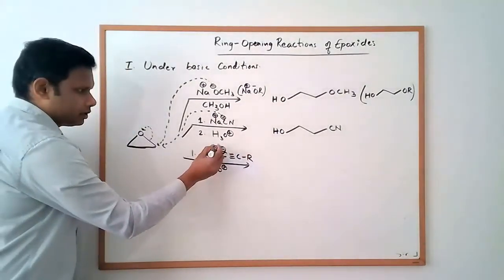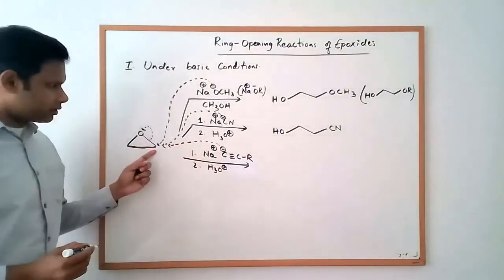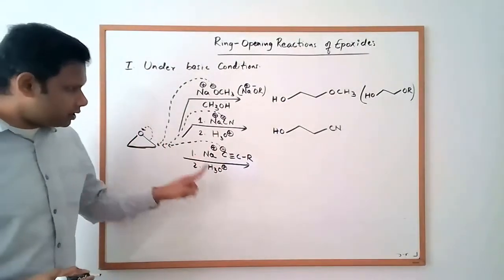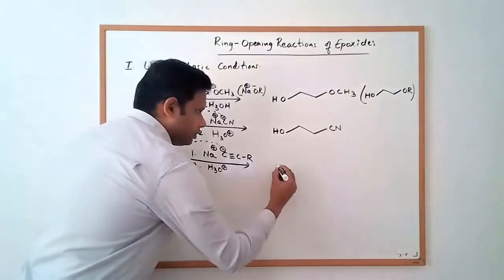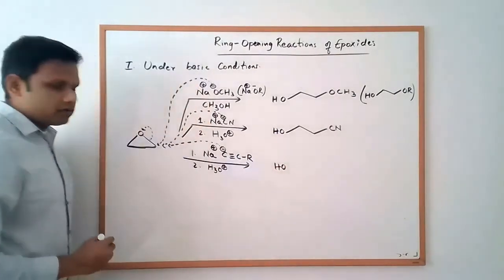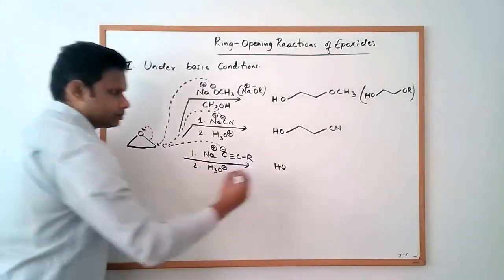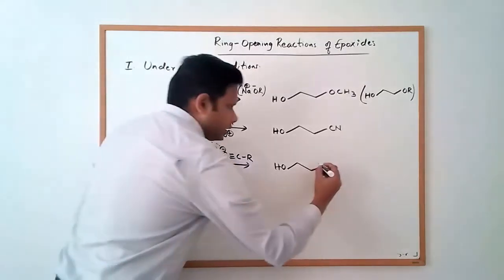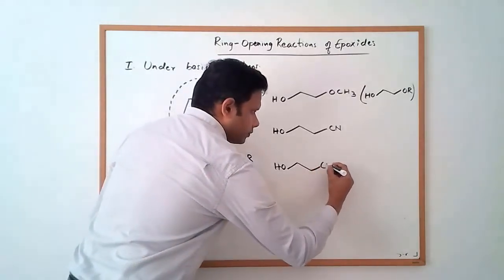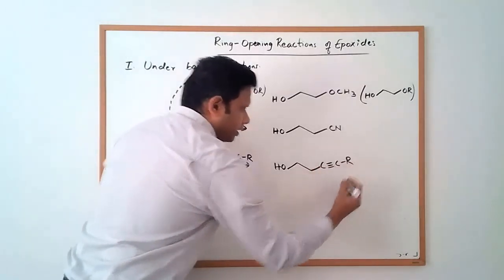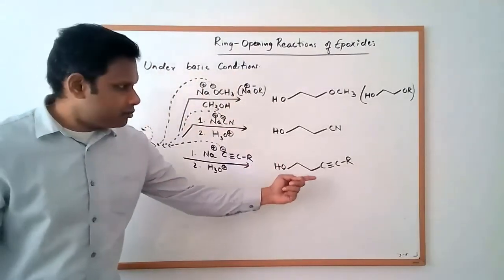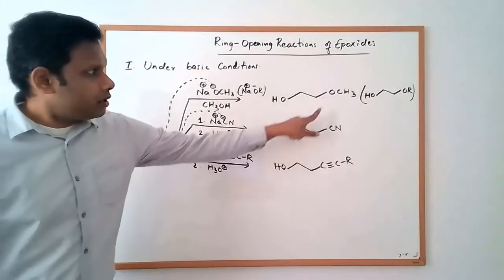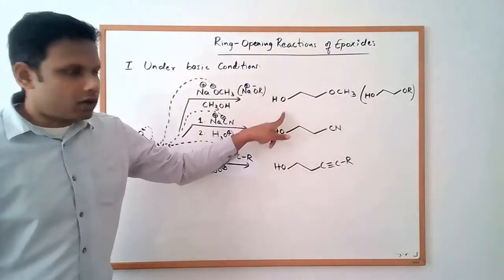And in this case, now the acetylide is going to come and attack this carbon, and then that ring is going to open up, and then finally the oxygen gets protonated. So that means in my product, there will be a hydroxyl group, the two carbon framework, and then I will have the alkyne. So I can create a molecule with an alkyne in it and a hydroxyl group in it, right?